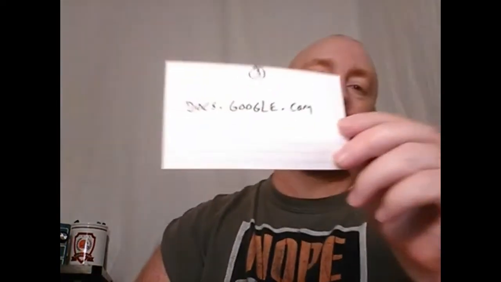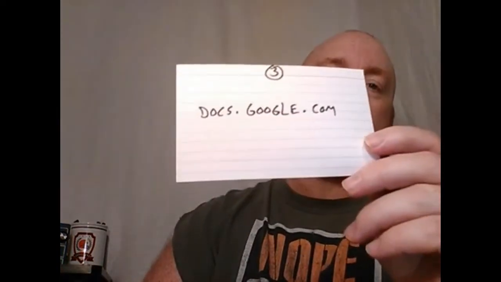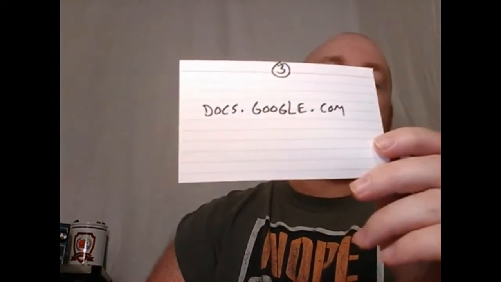Pretty cool. Number three, guys, Google Docs. Google Docs is something I use all the time, and you can find it at docs.google.com. The reason I use it is because it's an amazing text editor, first of all. It's simple, easy to use, intuitive, and I love the way I can cut and paste images into it.